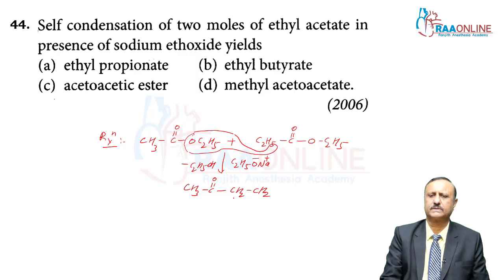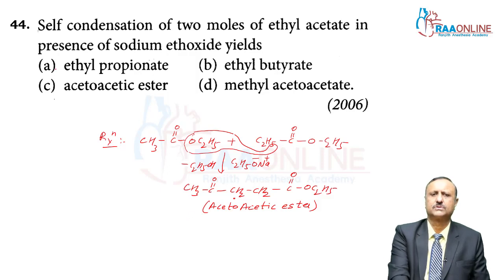So, you get CH3COCH2COOC2H5, and this compound, my dear students, is called acetoacetic ester. So, the answer is C, question 44, which was asked in 2006.